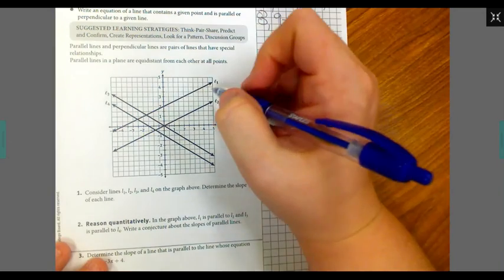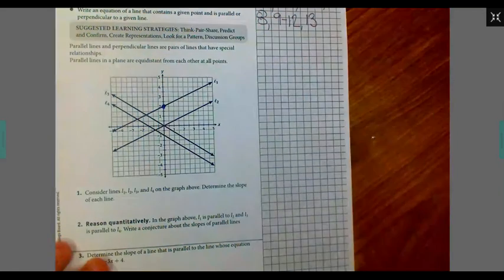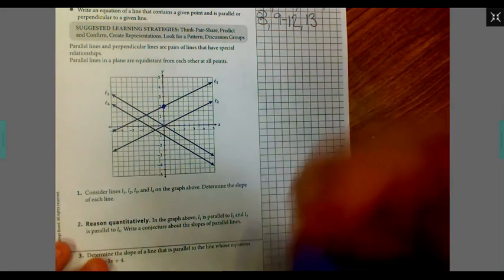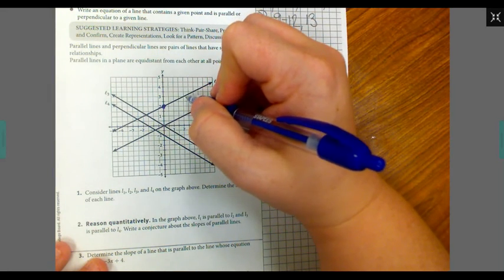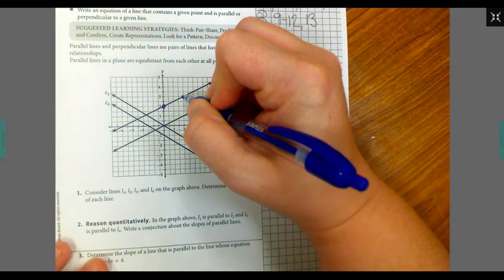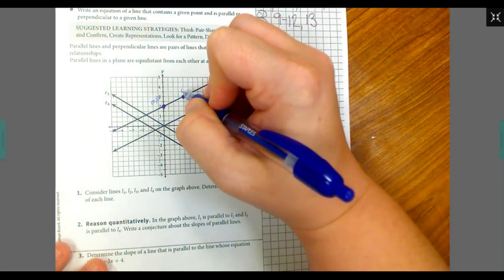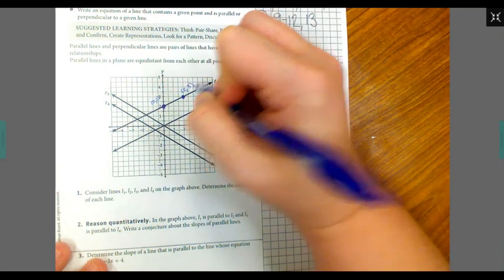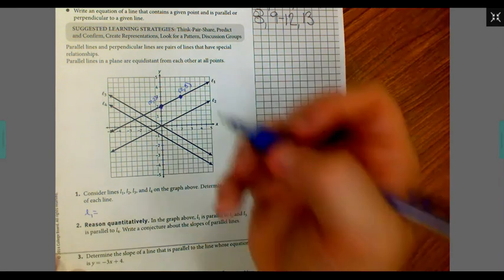I'm going to look at L1. L1 has a point at 0, 2. And then it has another point. Let's see if we can find another one. Right here at 2, 3. So we go 0, 2, and 2, 3. So we're going to count our rise over our run.